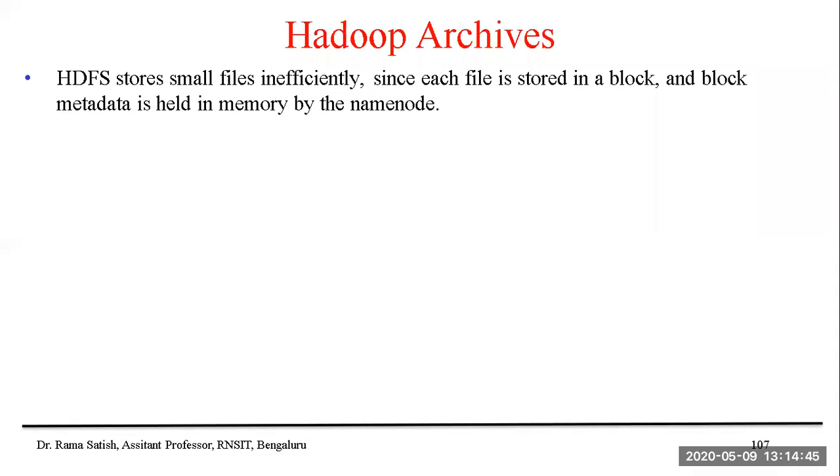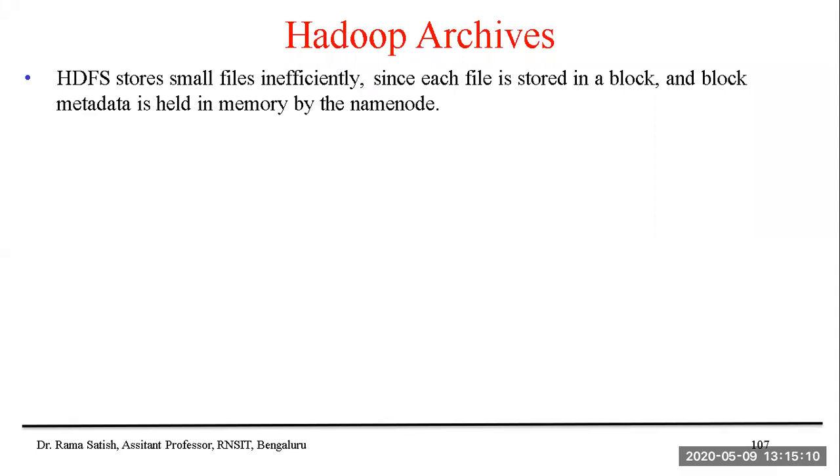If you store small files in Hadoop clusters, the storage becomes inefficient, since each file is stored in a block and block metadata is held in the memory by the name node.